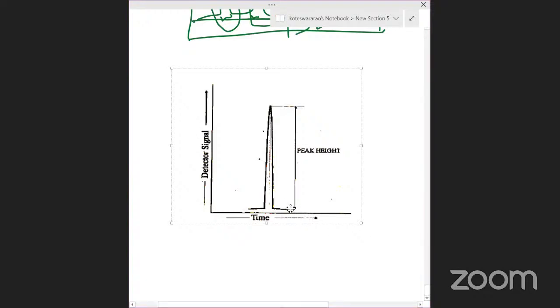This is the highest point. Now, here I have drawn one line. The distance between these two is called peak height, right? It is the perpendicular distance from the straight line to the top of the peak. Whenever we measure this line, that is called peak height.